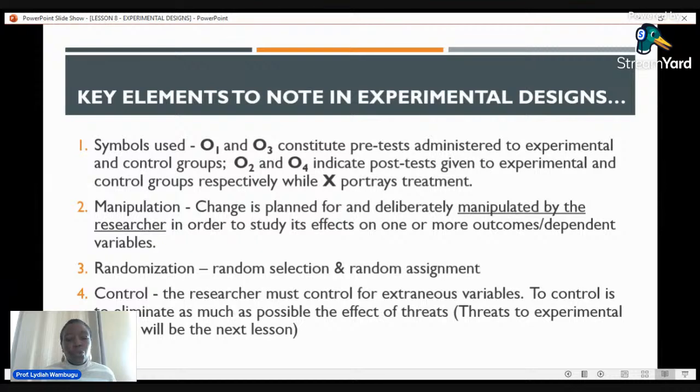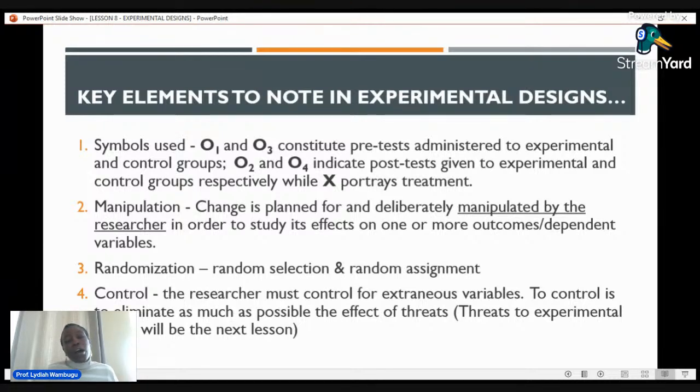Another element to note is the word manipulation. To manipulate is to change, and this change is deliberately manipulated by the researcher for them to see the change that it will bring on the Y, on the outcome, on the dependent variable. So this change is deliberate.